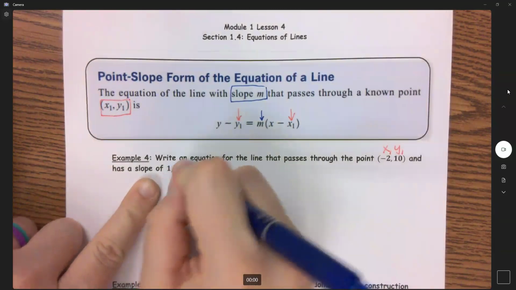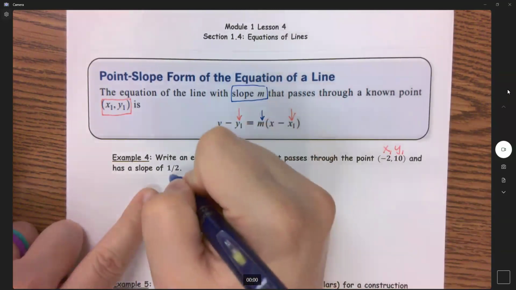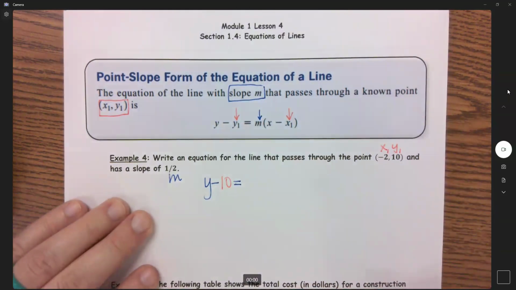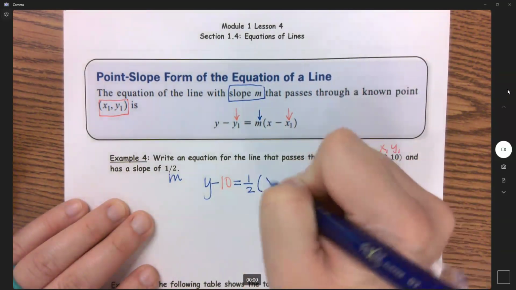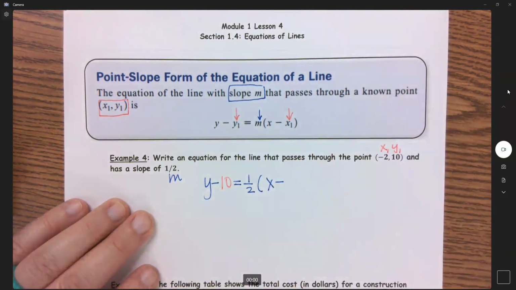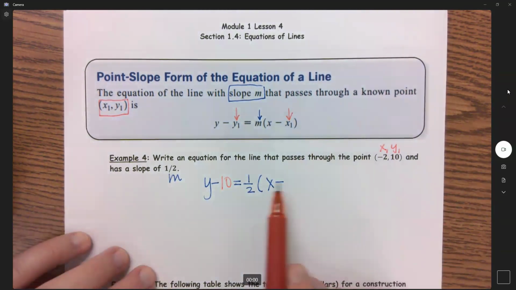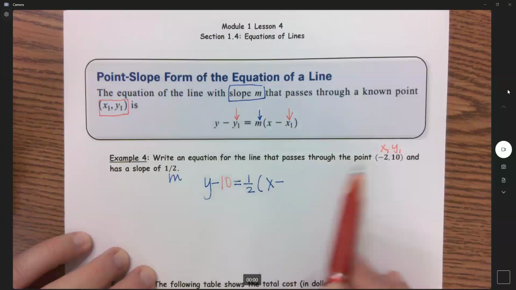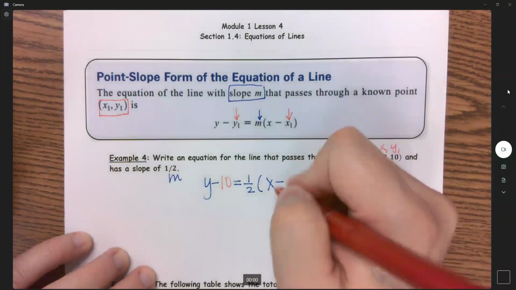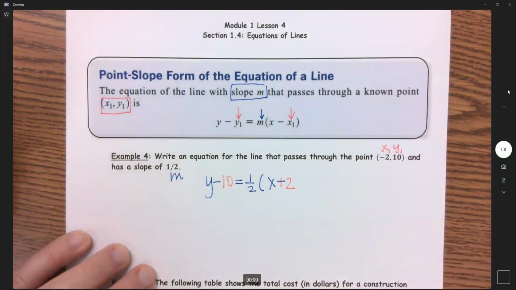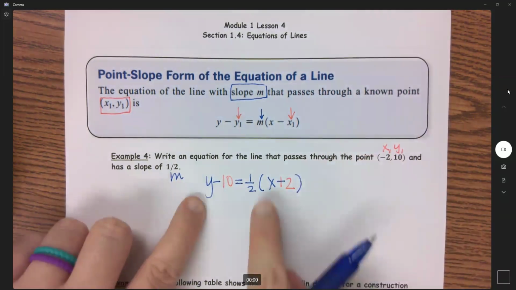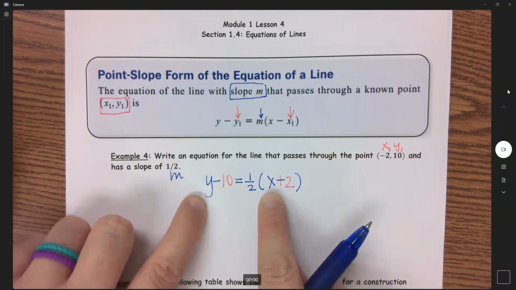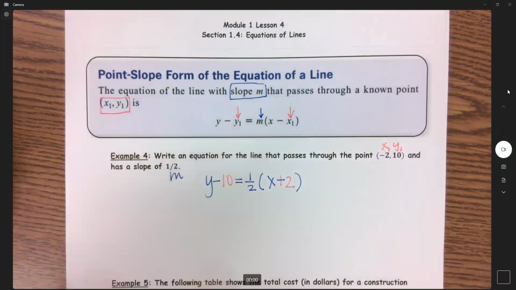So 1/2 times x minus my x1 is a -2. So minus a -2 becomes a +2. Okay, so this y and this x don't get substituted in for. It's the x1, y1, and the slope.